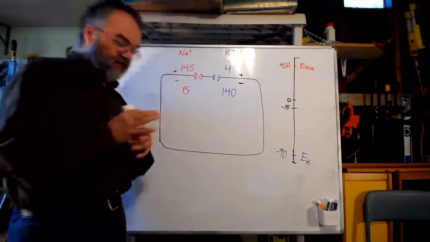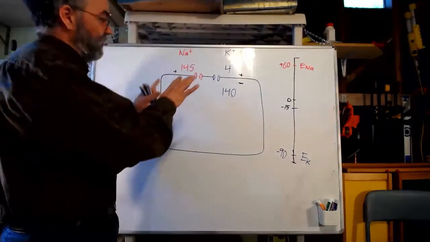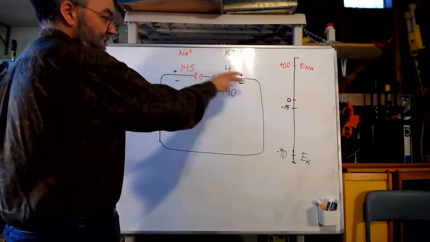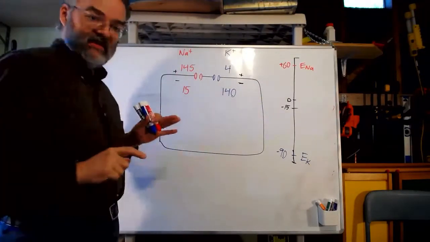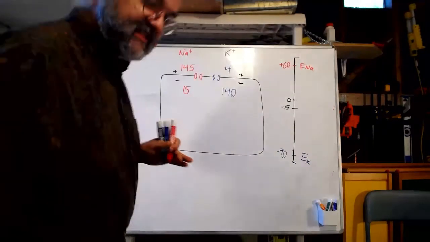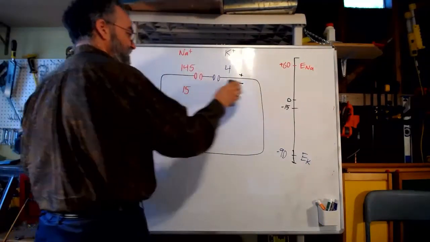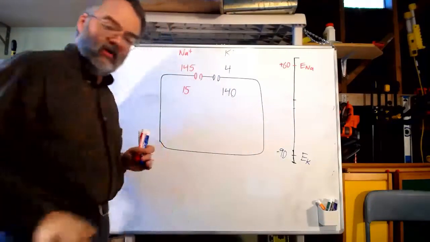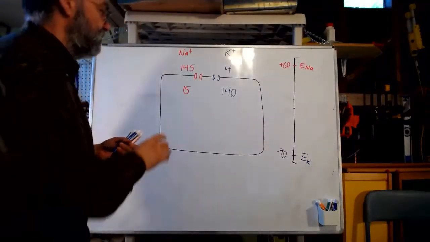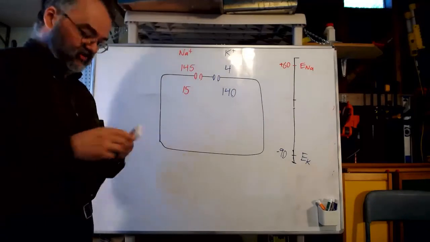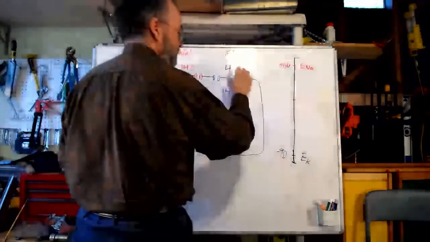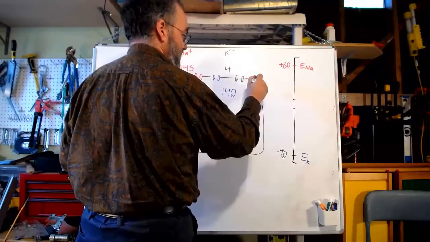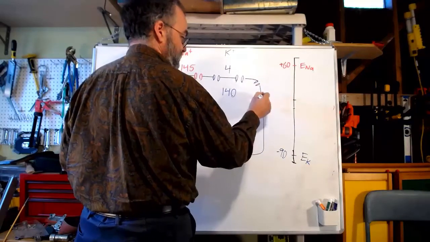Now, let's keep going. Alrighty, so we said that's what happens if we have one channel for each. But that's not what a cell is actually like most of the time. In a nerve cell, a typical neuron at rest, we don't have one of each. In fact, I've got many more potassium channels than sodium channels.